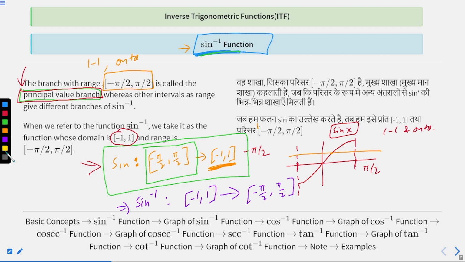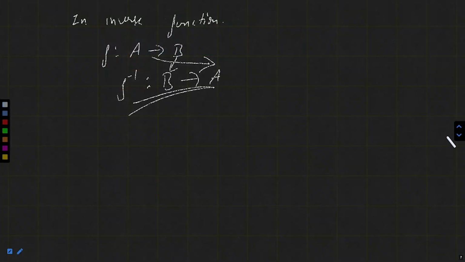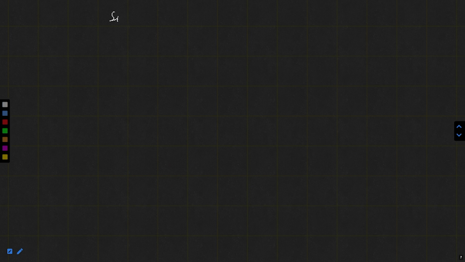So the domain for this sine inverse function is what? -1 to 1, and the codomain is minus pi by 2 to pi by 2. Now see the value of, say, sine inverse of 1 by root 2.